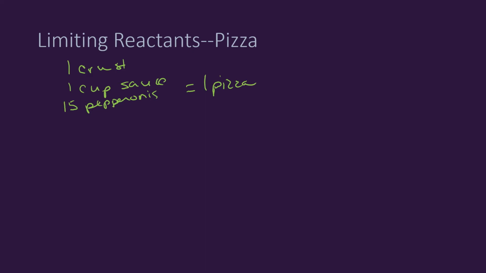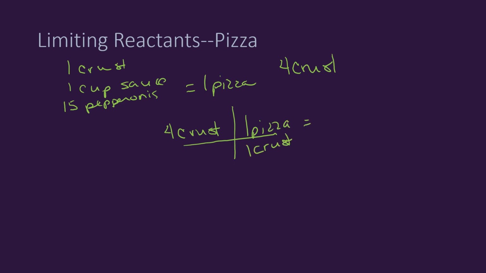So if I have 4 crusts, how many pizzas can I make? And the answer to that would be 4. We said that there's 1 pizza to 1 crust, so I can make 4 pizzas.